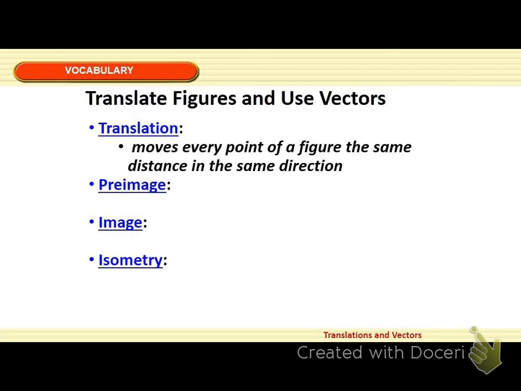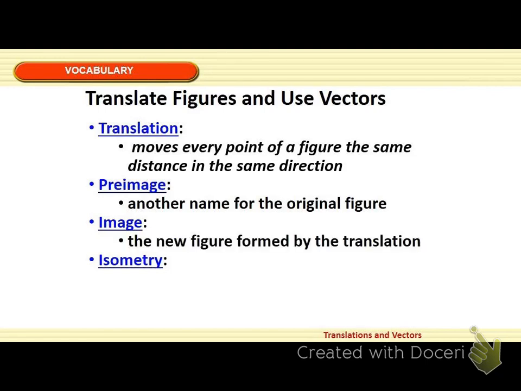So some vocab for you first. A translation, like I said, moves every point of a figure the same distance in the same direction. So we're picking it up, sliding it over, and setting it back down. Before you move a figure in a transformation, it's called a pre-image. That's the original figure. The image is what you get after the transformation. So whether it's translation or reflection or rotation, you start with a pre-image and then you get an image.